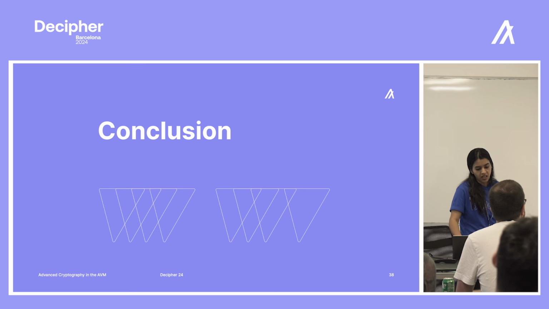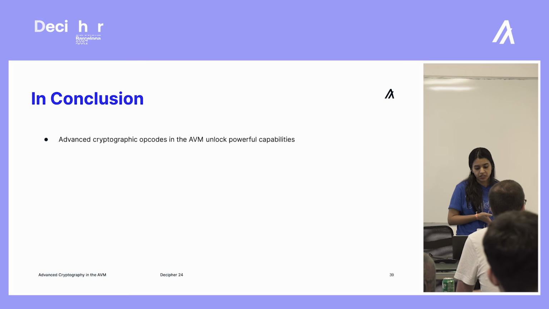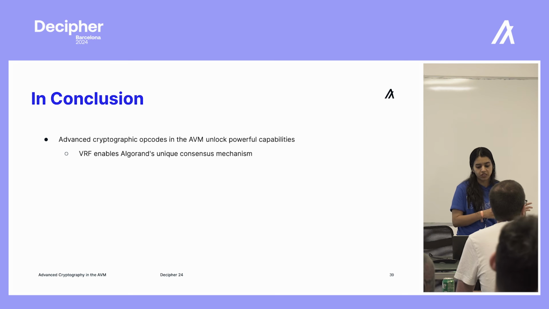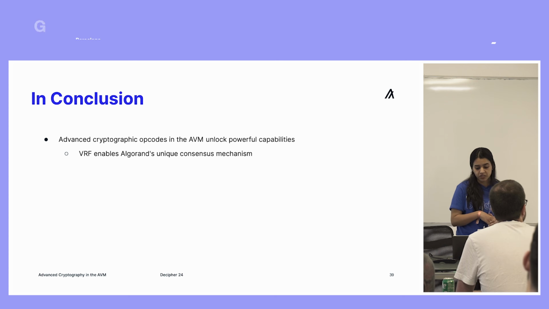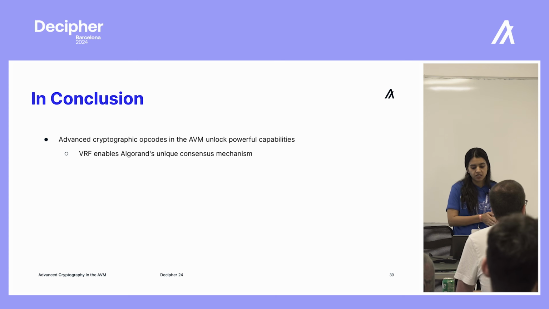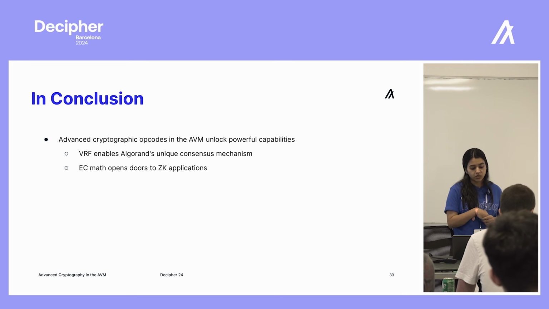Now, conclusion. As we wrap up our discussion, we can look back at all the advanced cryptographic opcodes that we looked into. The first one is verifiable random functions, which give us Algorand's unique consensus mechanism. Then we looked into EC math, which opened doors to ZK applications.